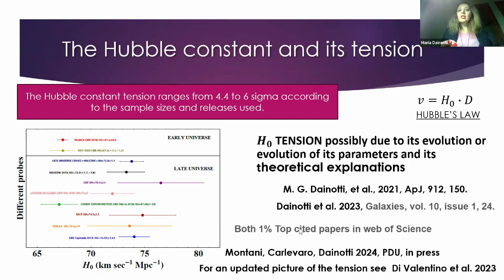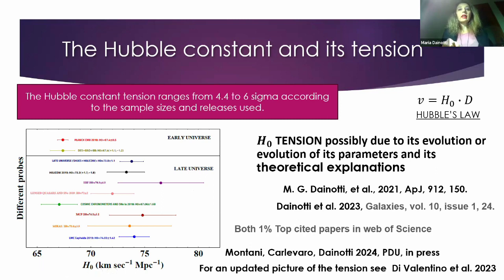This is taken from Dainotti et al. 2021 with a few cases. But if you would like an updated picture of this sketch, you can see the paper of Eleonora in 2023.